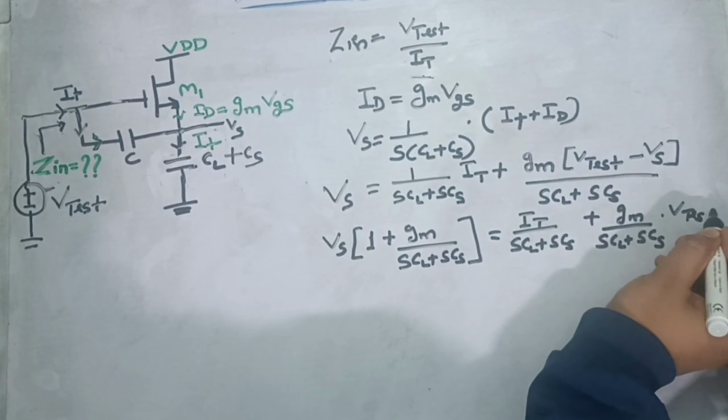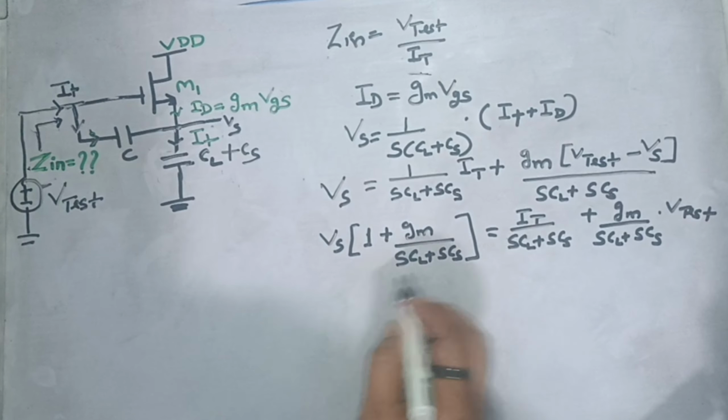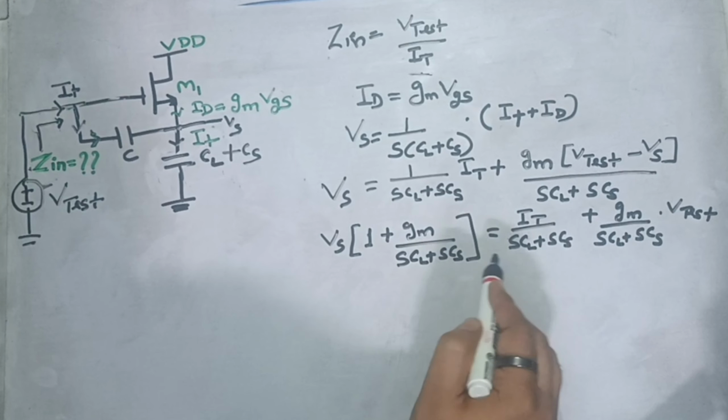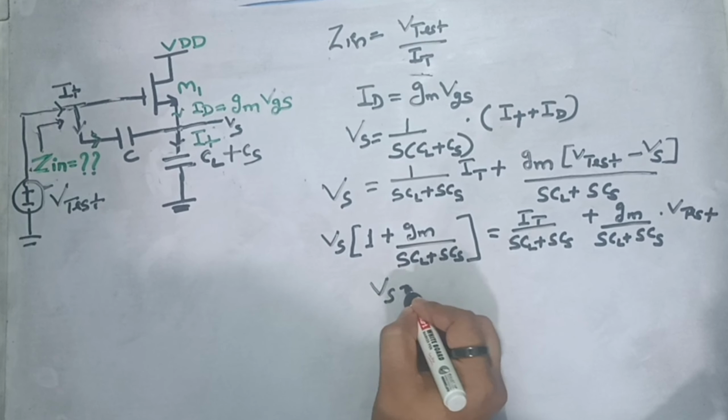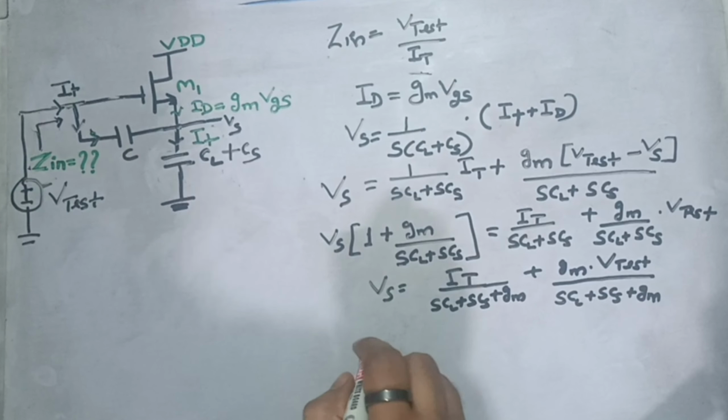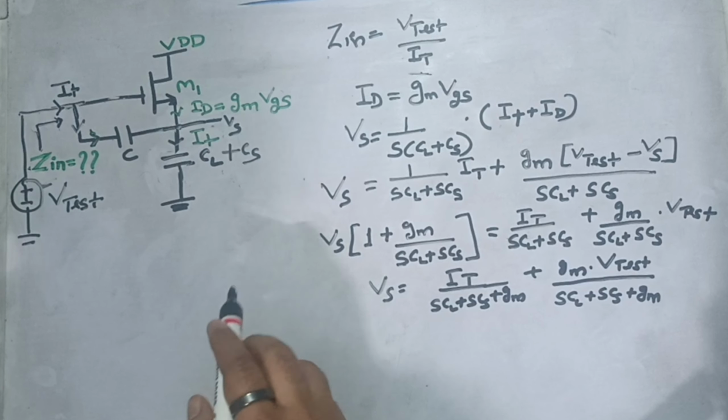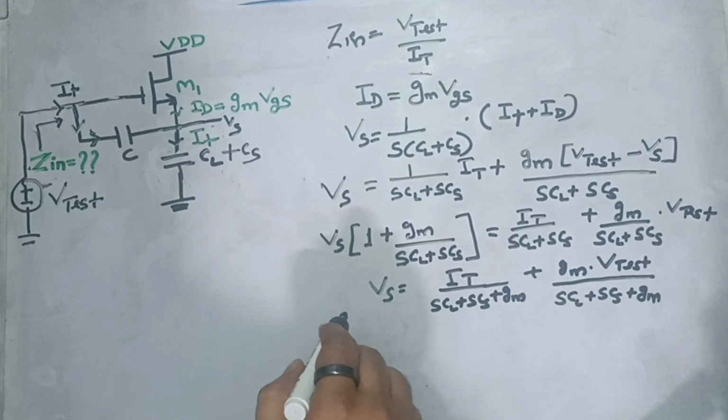So this would be the value of Vs into this. Now if I bring this parameter and divide here, I can get the value of Vs, and this would be the value of Vs we will get here. So now we have found out the value of Vs.